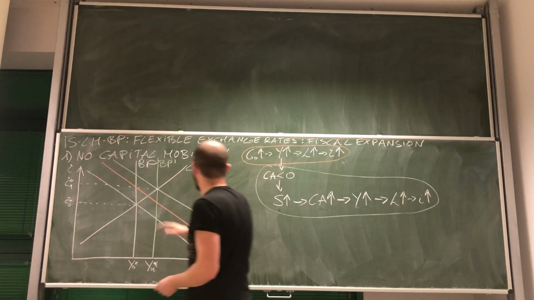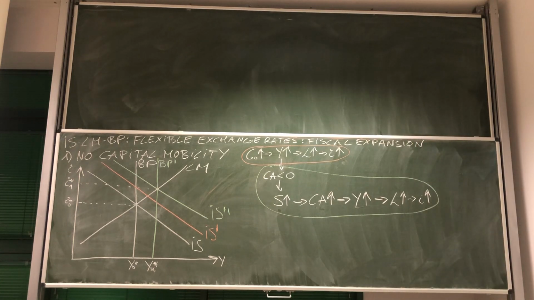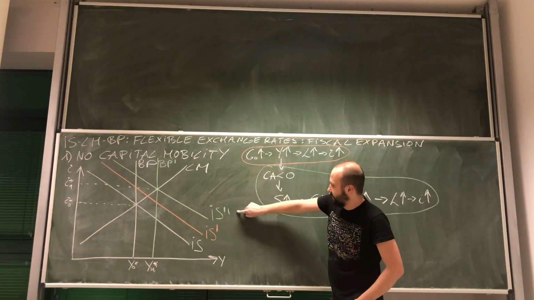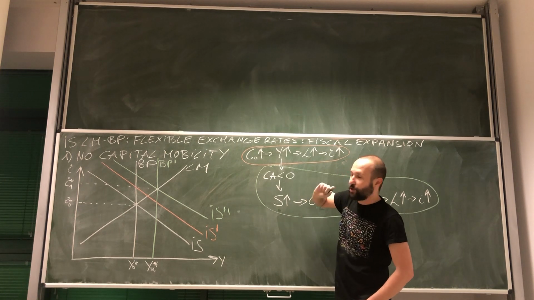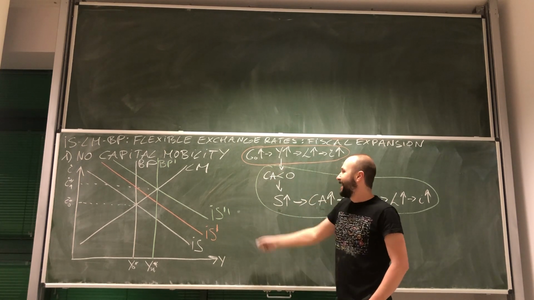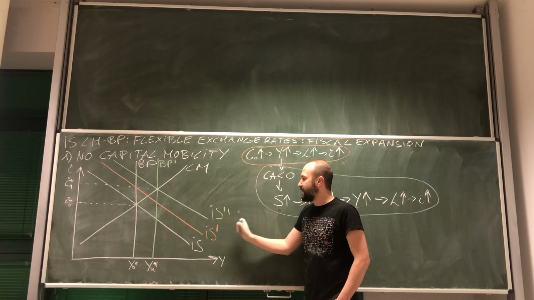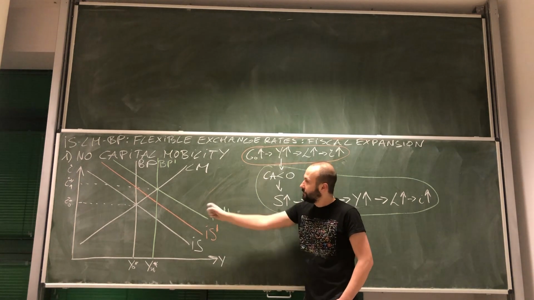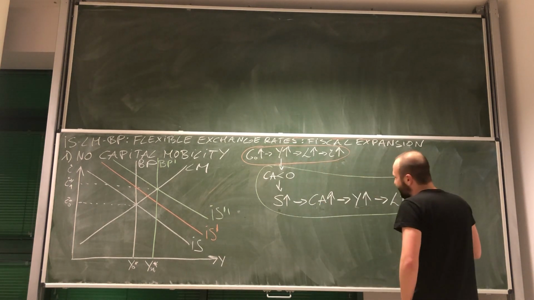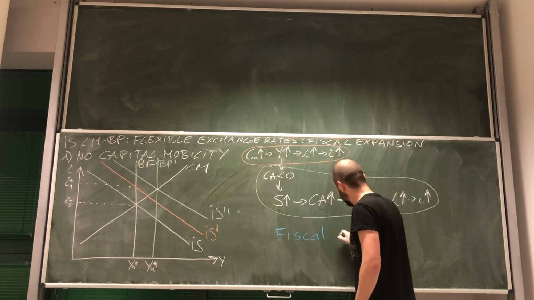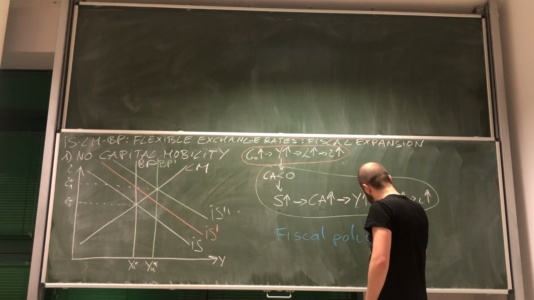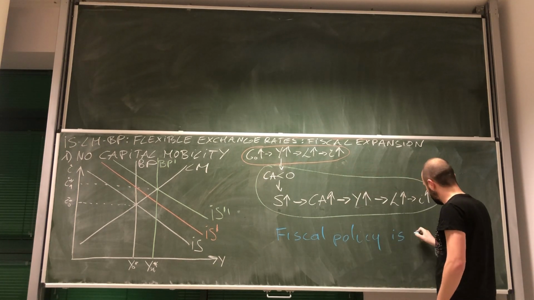So, look, is fiscal policy effective? Well, definitely it is. But look, what is even more important, the fiscal policy with flexible exchange rates, with open economy, with no capital mobility, is even more effective than it would be in a closed economy. So we can definitely see that fiscal policy is effective.